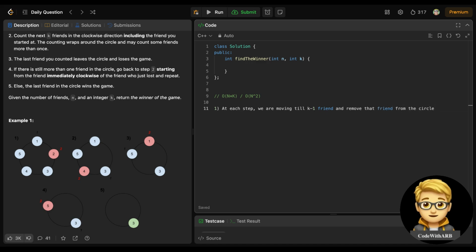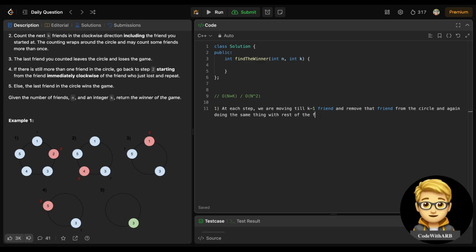And again iterating the same way, again doing the same thing again and again with the rest of the friends, right?